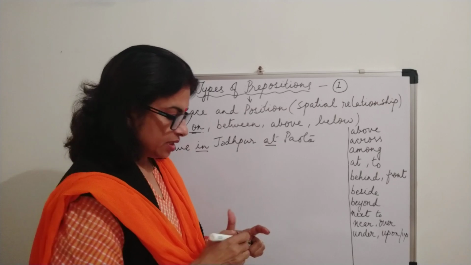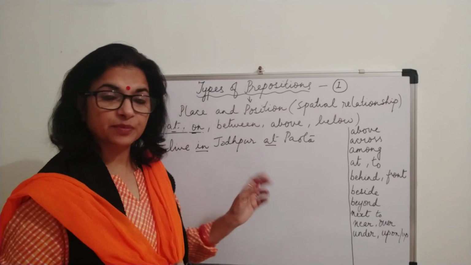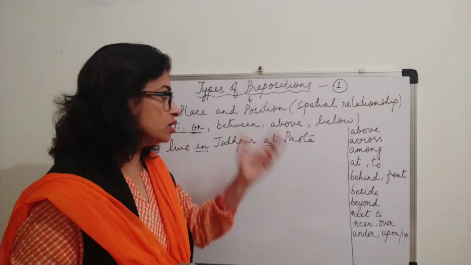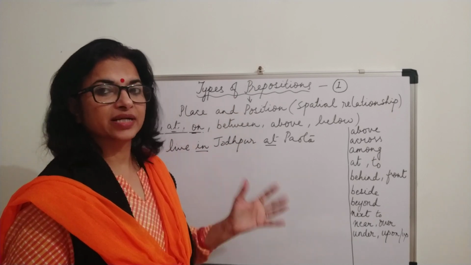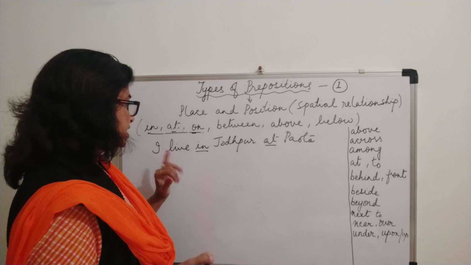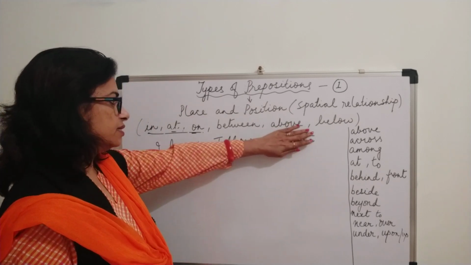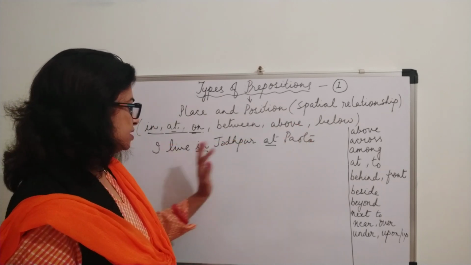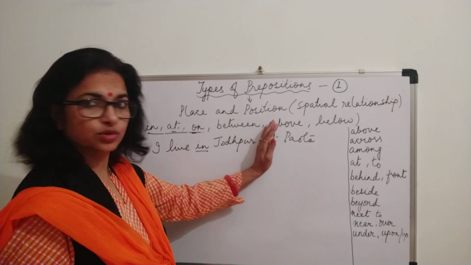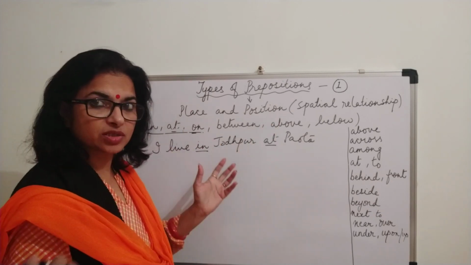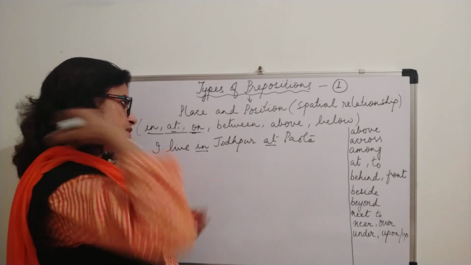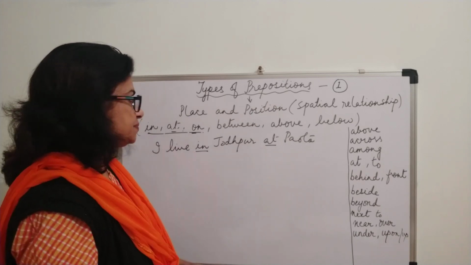You have to keep this in mind, because many a time people use wrong prepositions. So you have to use the correct ones. Now see, if suppose this is not there, I live dash Jodhpur, then what would you write? Again, in Jodhpur. Why? Because Jodhpur is a big place. So you are going to use in for Jodhpur.